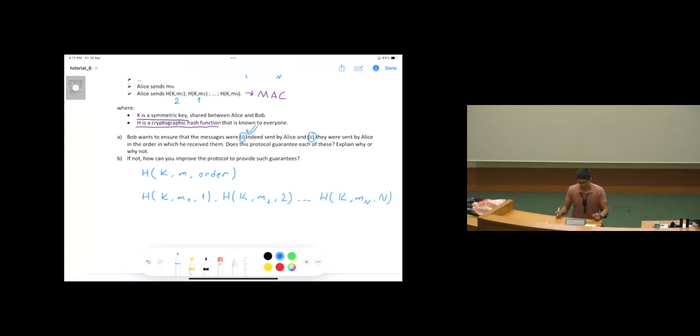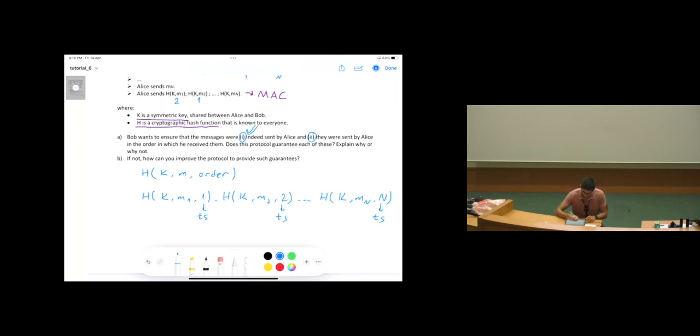Or alternatively, we can just put a timestamp instead of these sequence numbers. So instead of this 1, we can put in the exact time here. And because these time values will be ordered according to the time these messages are generated, Bob can still put them in the correct order, even if he receives the MACs or the messages in a different order.